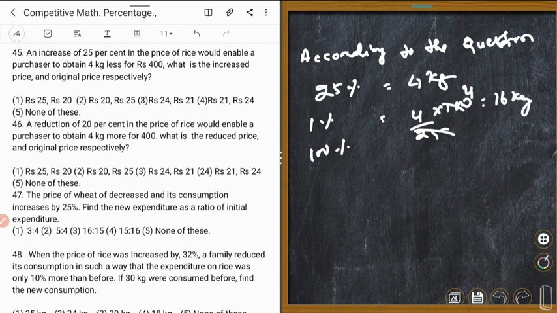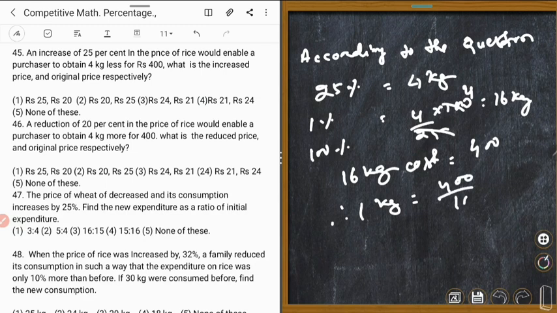Could you understand? 16 kg cost how many? 400 rupees. Therefore 1 kg is equal to 400 upon 16, which is 25 rupees.